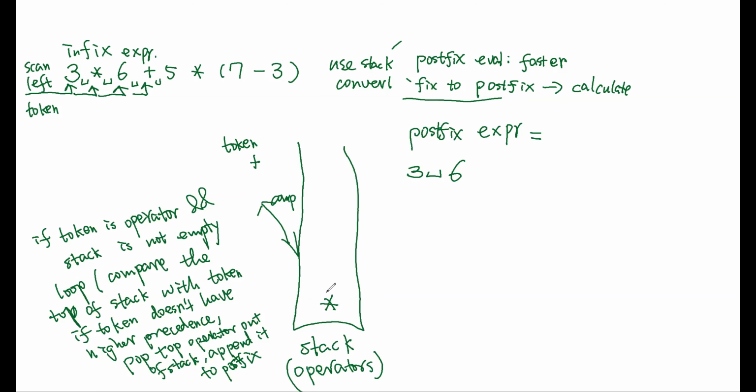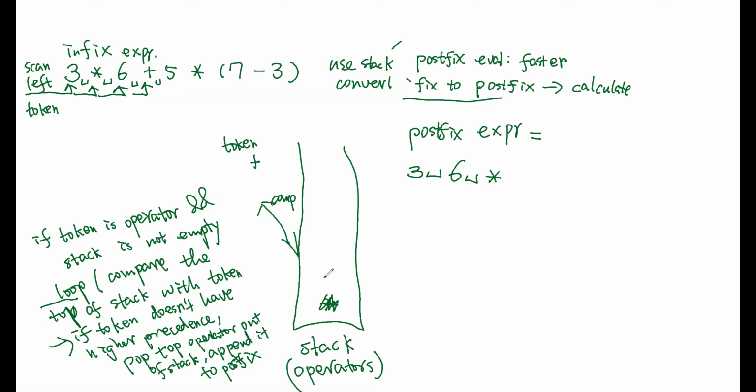So I need to pop this out and append it to the postfix expression. And you need to keep doing this, okay? So this is a loop here. Keep doing it until the token has a higher precedence, then you stop, okay?